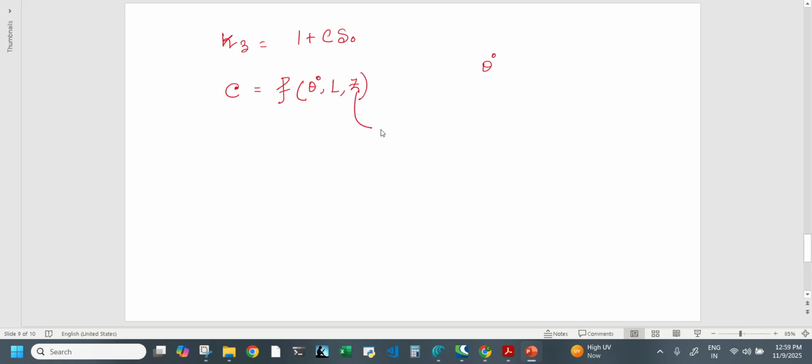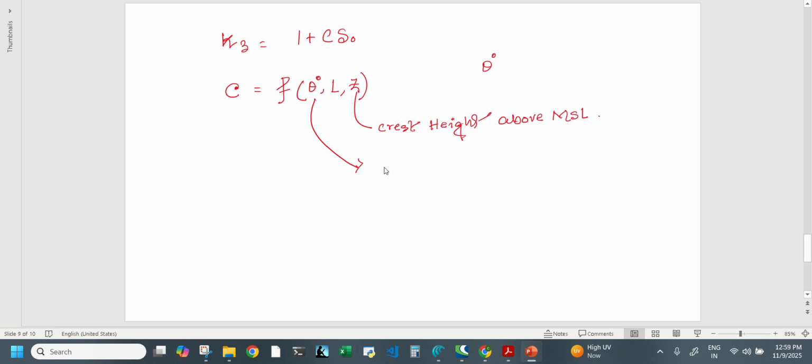Z is the crest height above mean sea level.